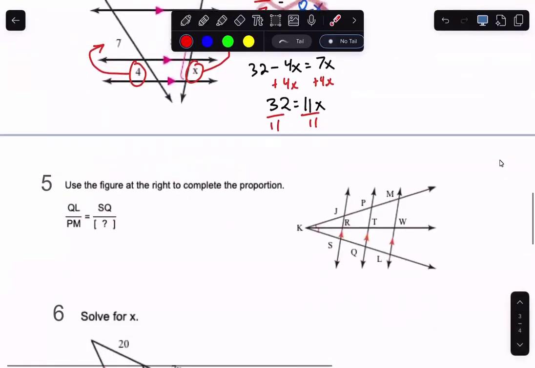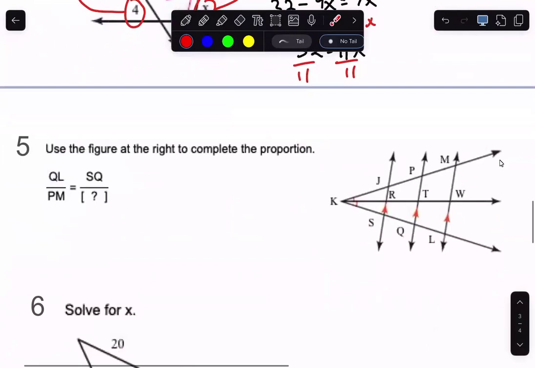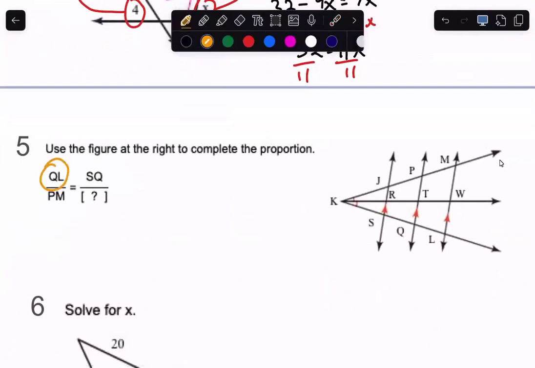Number 5 is pretty straightforward. It's a side splitter theorem again. It's saying that QL is to PM. So QL is right here, and it's equivalent to PM. So then if you want to find SQ, that would be equivalent to JP.